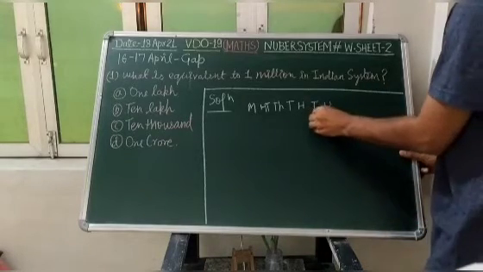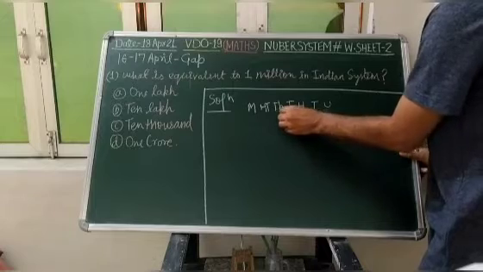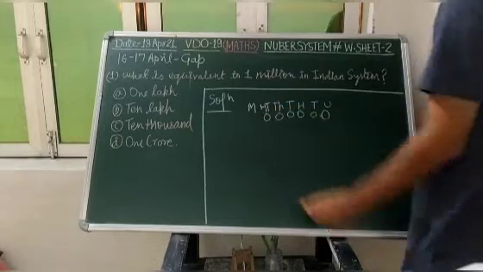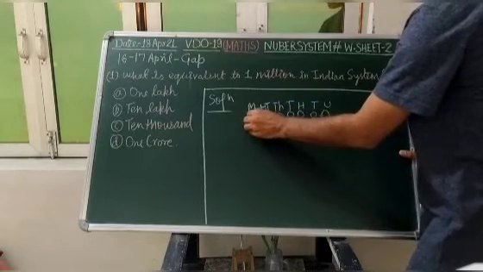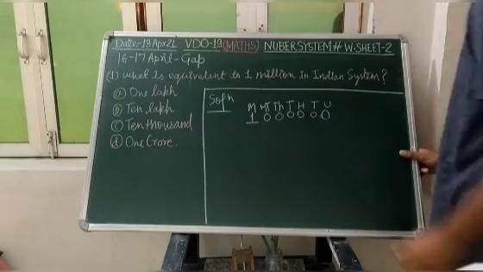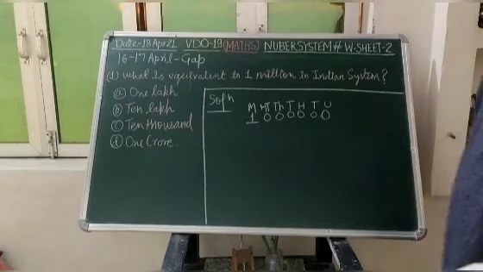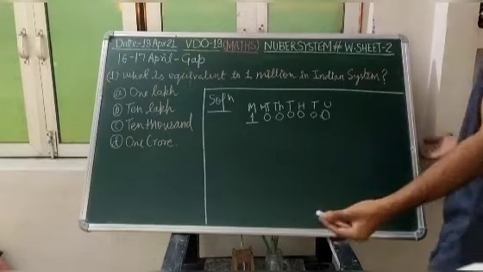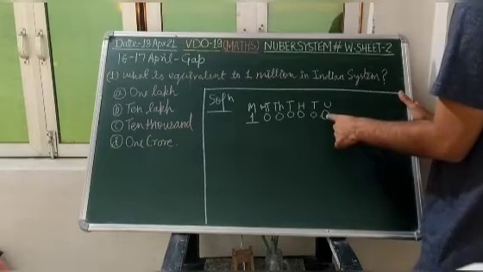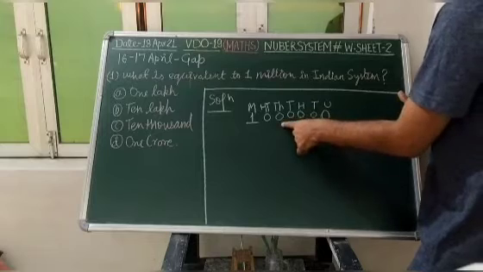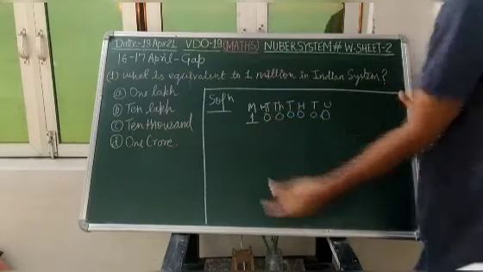So put the 0, 0, 0, 0, 0 up to here, and below the million you will write 1. So it is 1 million. You can check: unit, 10, 100, 1000, 10,000, 100,000, million.